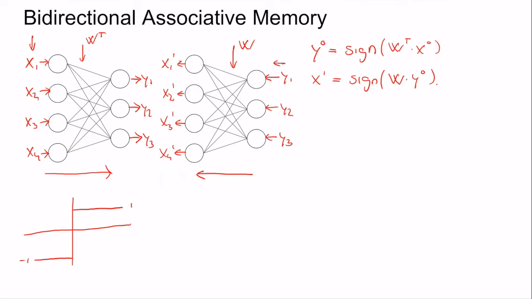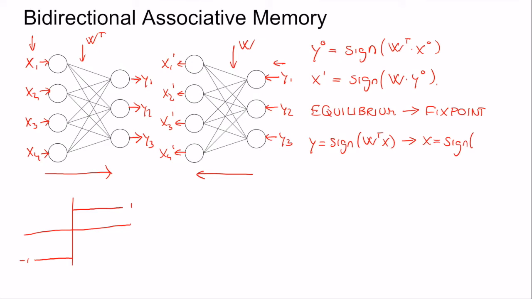So an equilibrium, or fixed point, occurs when y is equal to the sign of W transpose x and x is equal to the sign of W times y.